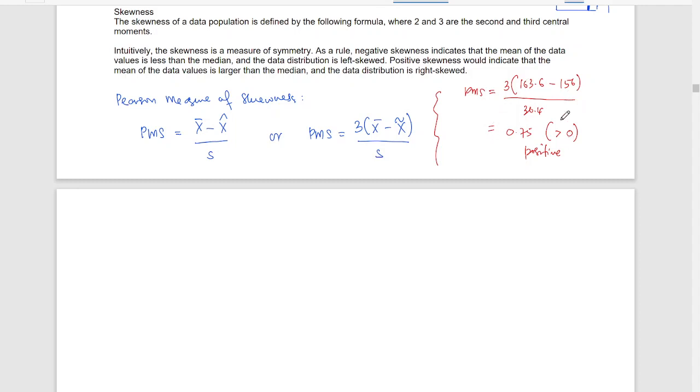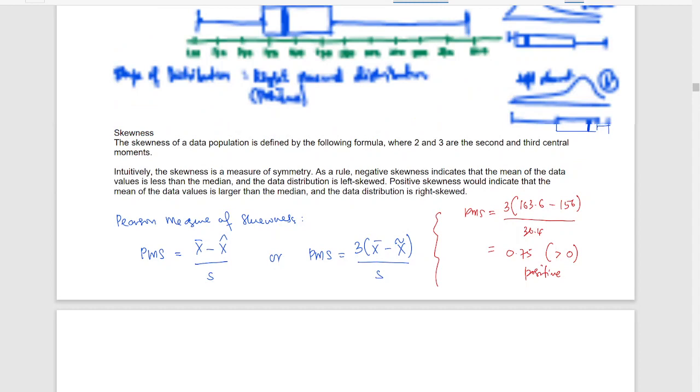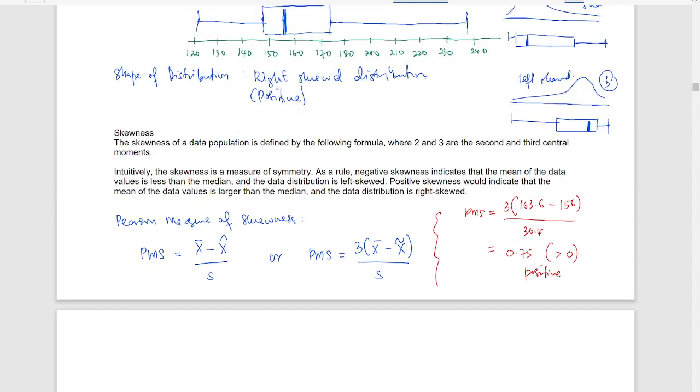If you have the value to be approximately 0, then you have the skewness to be normally distributed. Okay, so that is what it means by skewness using the Pearson measures of skewness. So you determine the skewness based on the result, whether it is positive, negative, or 0.